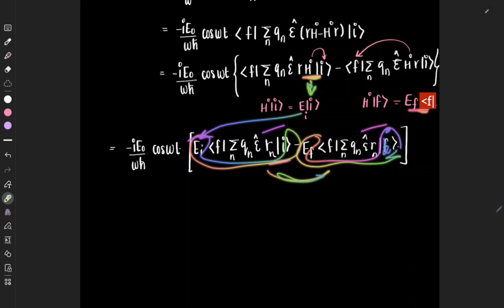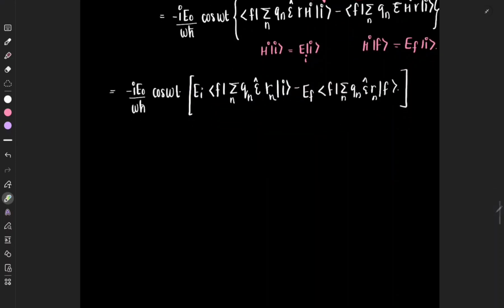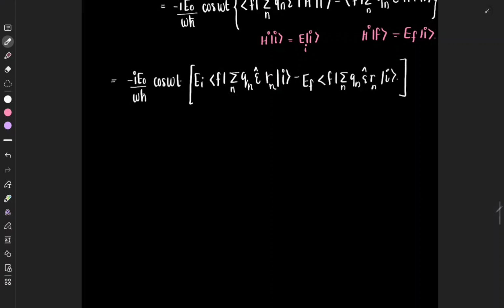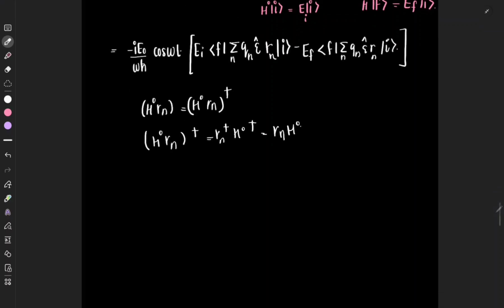And then we know that this thing is Hermitian. Before that, let me just correct my mistake. This is i. Okay, we know that h naught is Hermitian. What does that mean? It means h naught r n, the whole dagger is equal to r n dagger h naught dagger, which is equal to r n h naught.